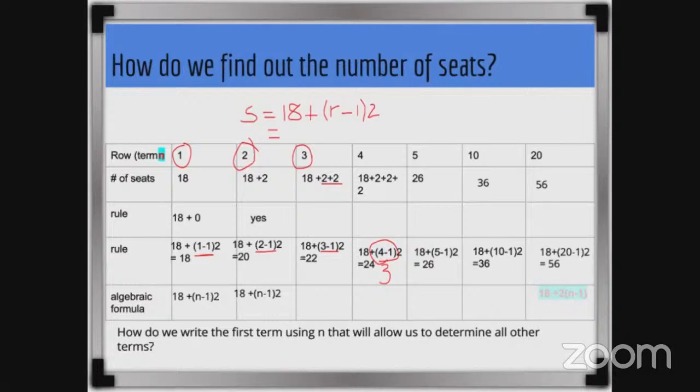So yes, we have 18 plus 2N minus 2. It can be rewritten as 18 plus 2 open bracket N subtract 1, and N would represent the term, the row number that we are looking at. Awesome work. So as you can see right here, the number of 2's added is 1 less than the term number. So if you are at row 34, how many sets of 2 seats are we adding?